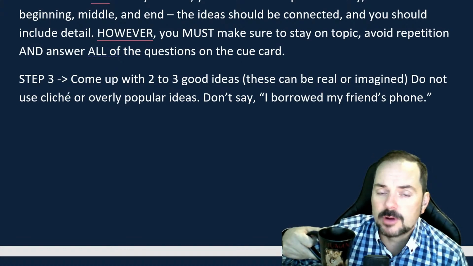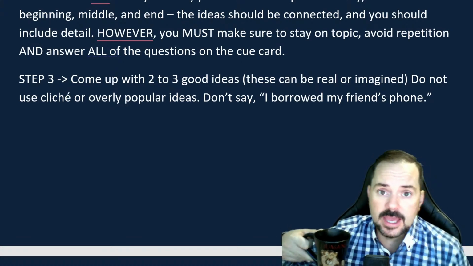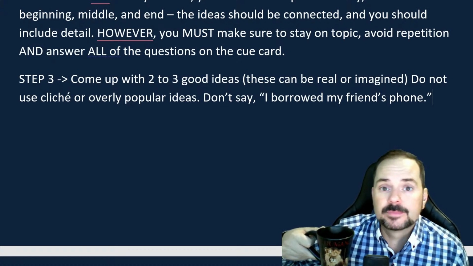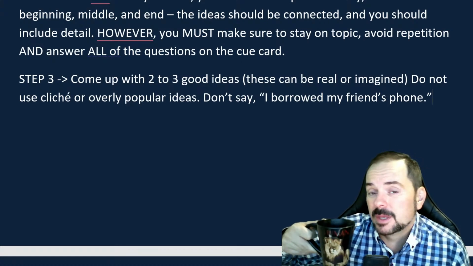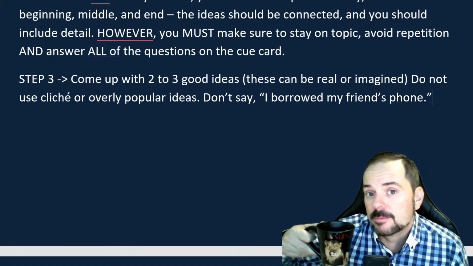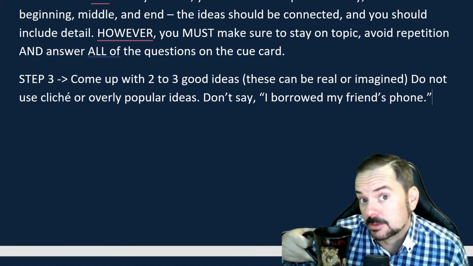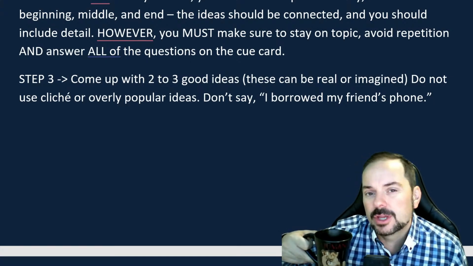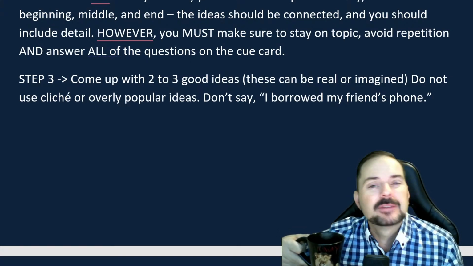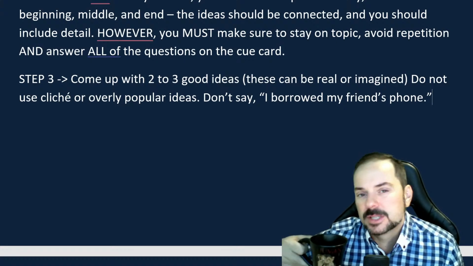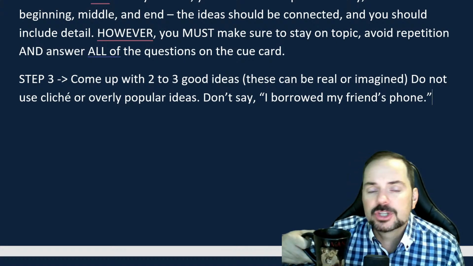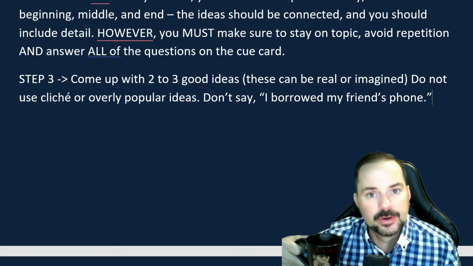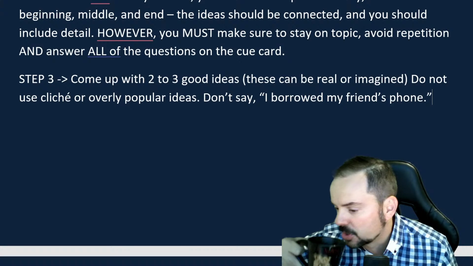So don't choose popular items because, A, it's kind of boring for the examiner, and B, they might inadvertently, not on purpose, compare you to other people talking about that object. Think of an idea that's kind of original. It doesn't have to be super unique or weird, because that's really hard to talk about, but it should be something less popular, not the number 1 or number 2 topic for this answer.